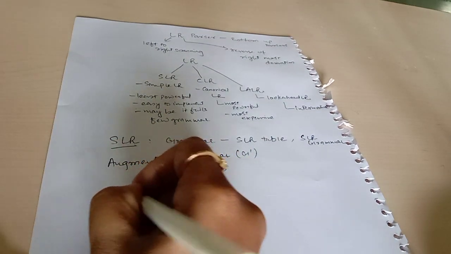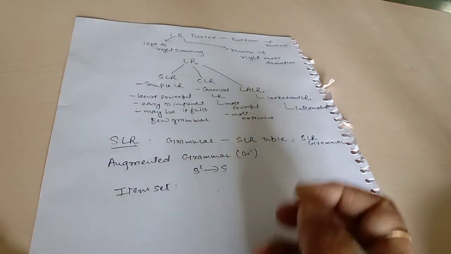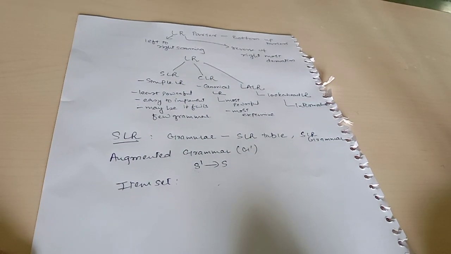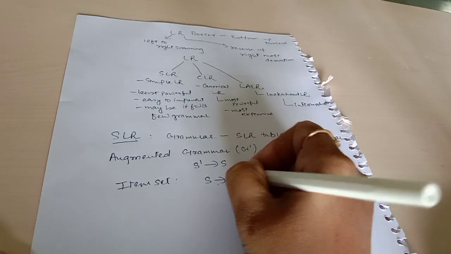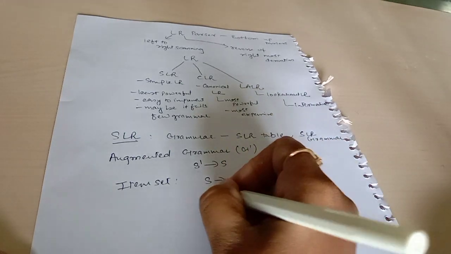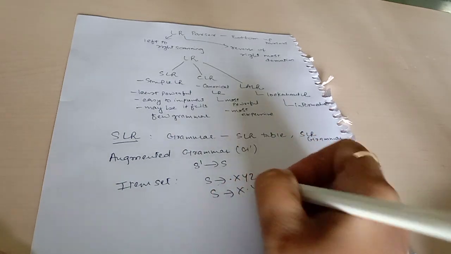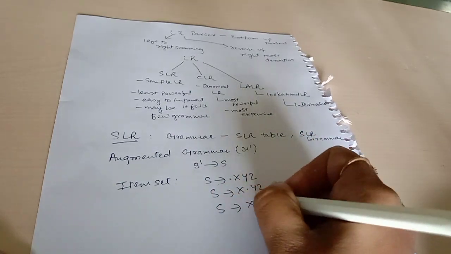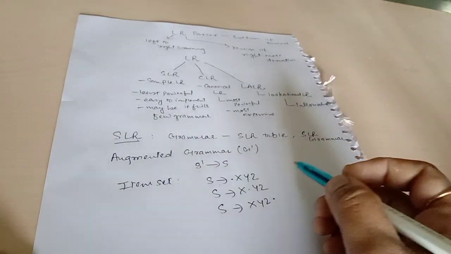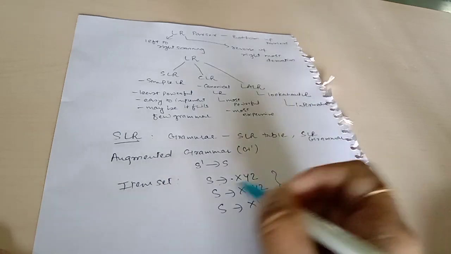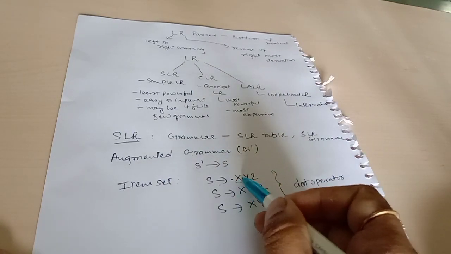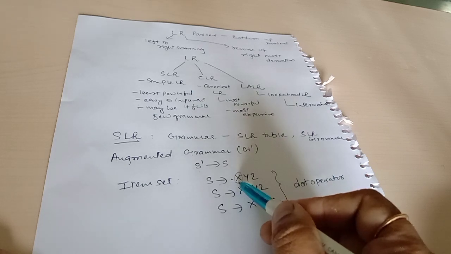The second thing is we are creating the item set. Item set is nothing but a set of productions of this type, for example, S to X dot xyz, S to x dot yz, or S to xyz dot. Here we have used an operator called the dot operator that specifies which next non-terminal we are waiting for to generate the string.